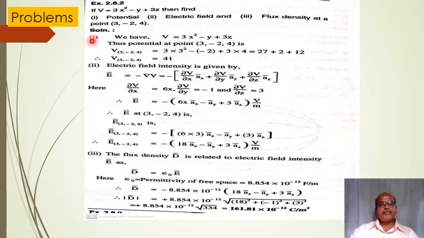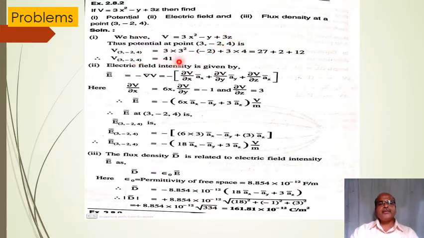So we will take one problem on this gradient. If V is equal to 3x square minus y plus 3z, then find the potential, electric field, and flux density at point 3, minus 2, 4. So we are given V is equal to 3x square minus y plus 3z. Thus the potential at the point 3, minus 2, 4 is given by putting the values of x, y, z in the above equation.